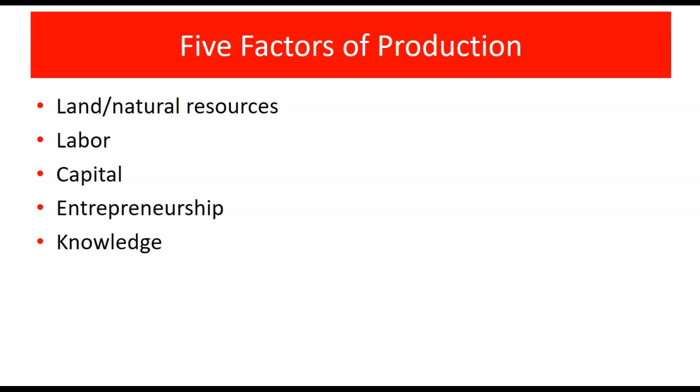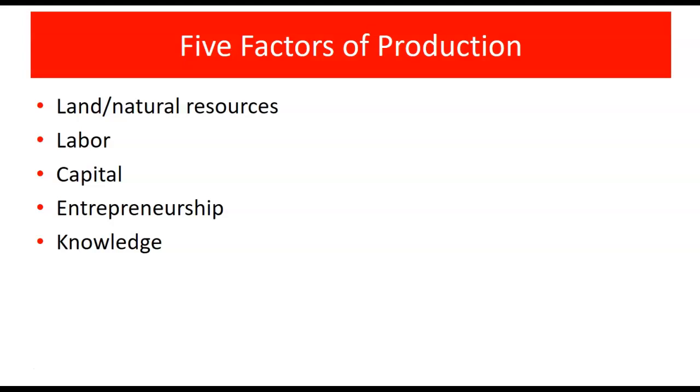What are your natural resources? Labor. Do you have an available workforce? Are they young enough to do physical labor, or are they skilled enough to be able to do more technology kinds of labor? Capital. Do you have money to invest? Entrepreneurship. Do you have people who have good ideas who are willing to take a risk? And knowledge. Do you have the knowledge to make new products or services?